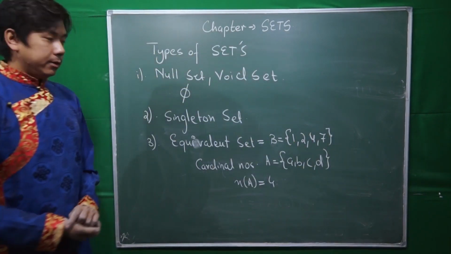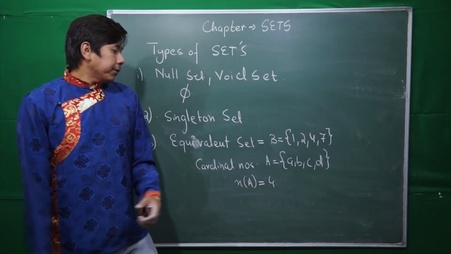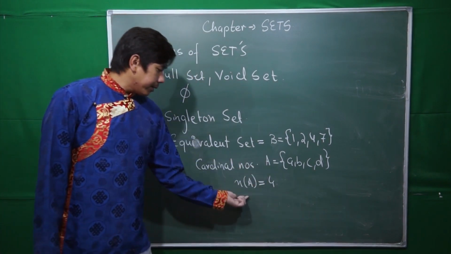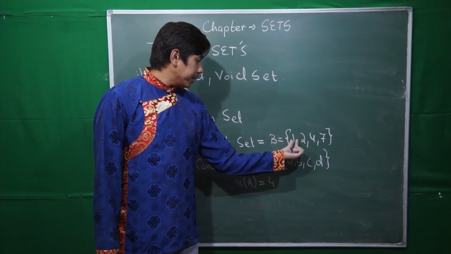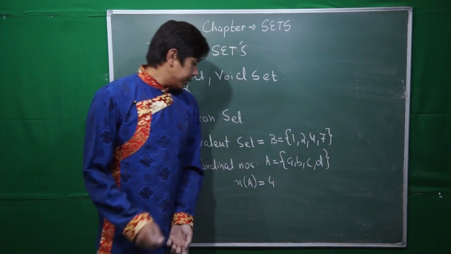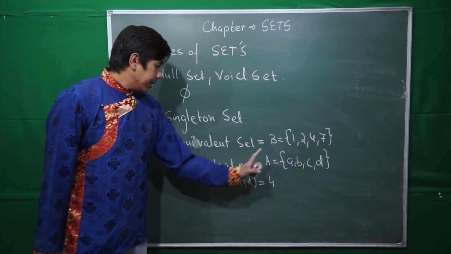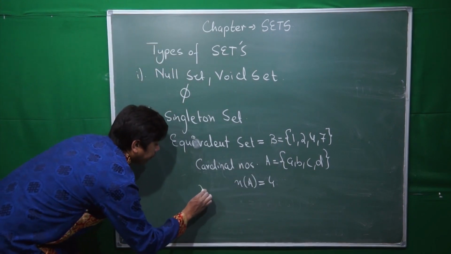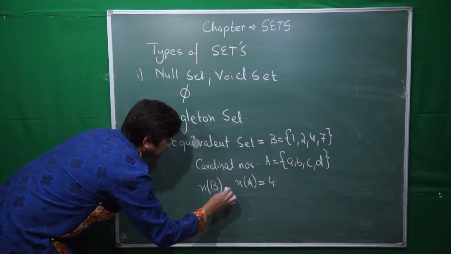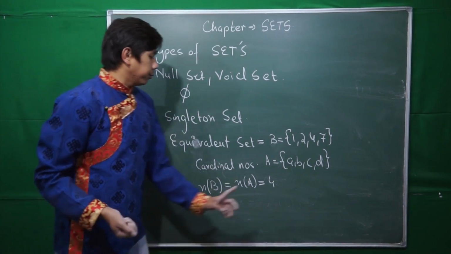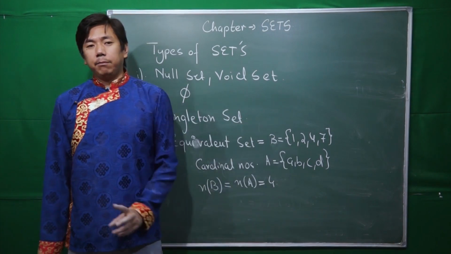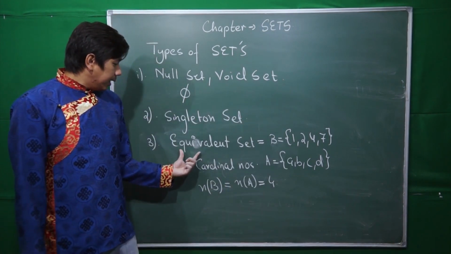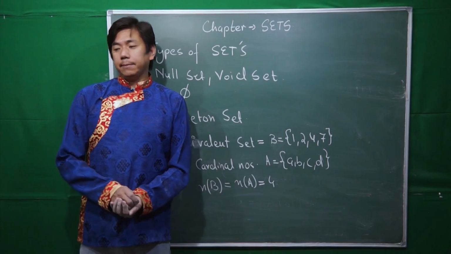For set A, the cardinal number is 4, and for set B, the cardinal number is again 4. So the cardinal number in both sets is equal, which is 4. Therefore, these two sets, set A and set B, are known as equivalent sets. Simple.